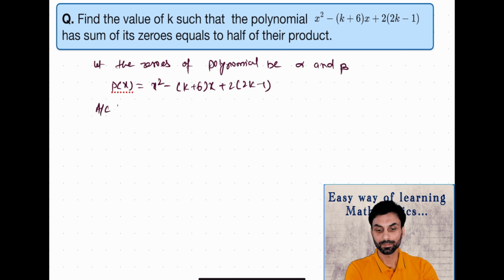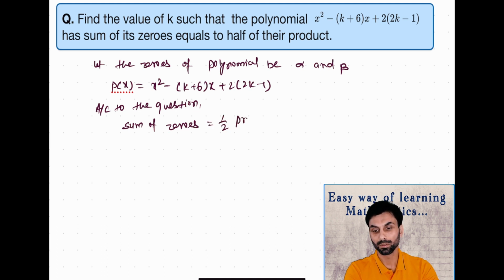According to the question, we can write that the sum of zeros is equal to half into the product of zeros.